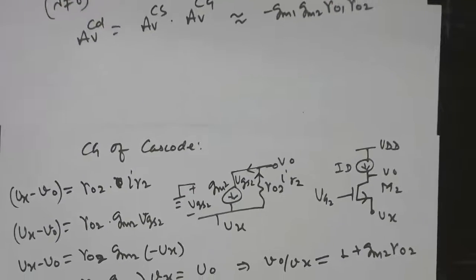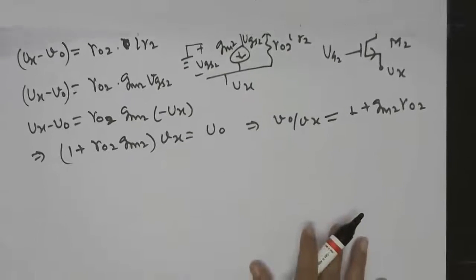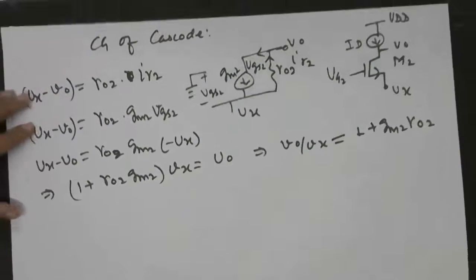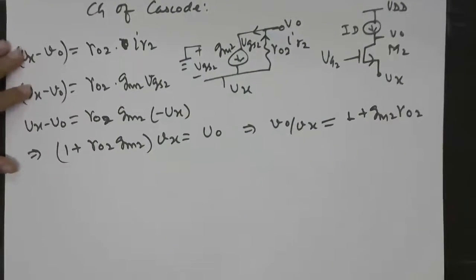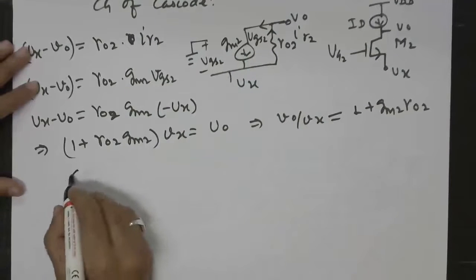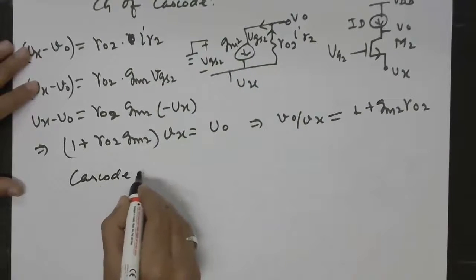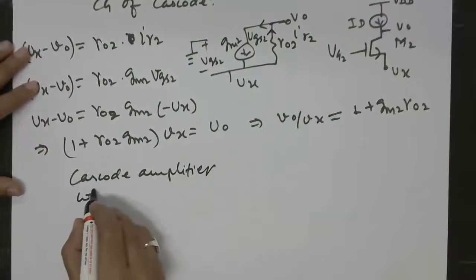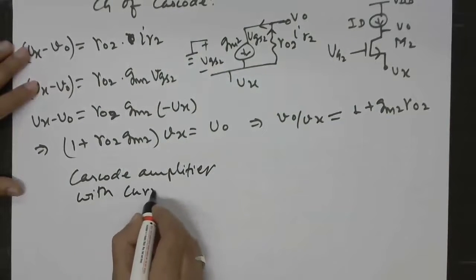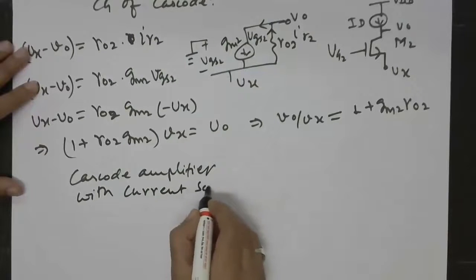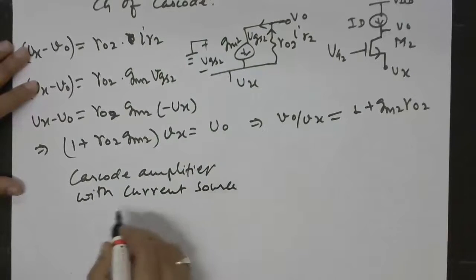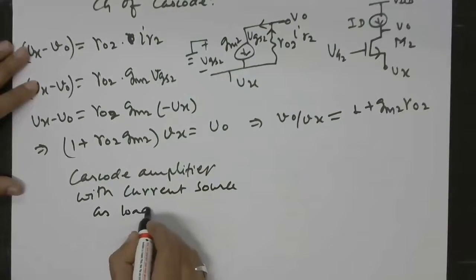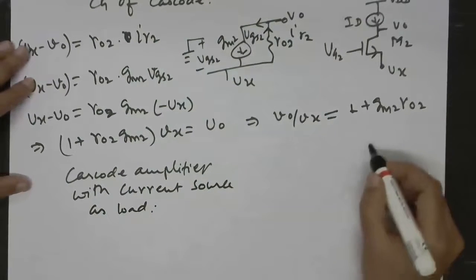So now if you want to see the cascode amplifier implemented in real life, the amplifier with current source as load.